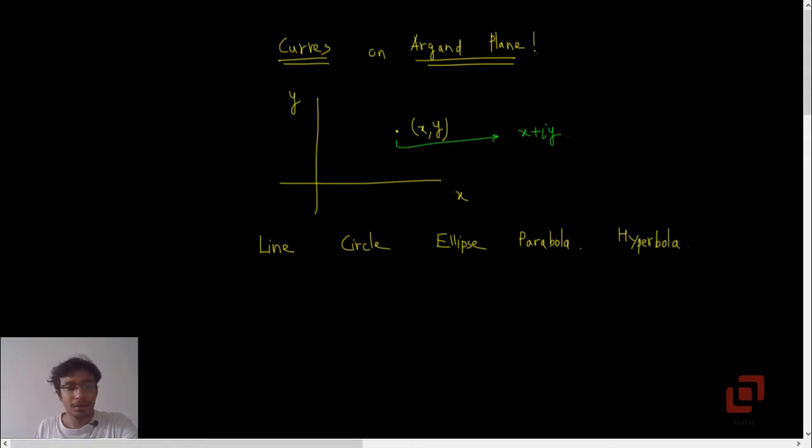To get the equations of the ellipse, parabola, and hyperbola, we have used something that we call the focus directrix property. Focus is any fixed point S and directrix is any fixed line D.